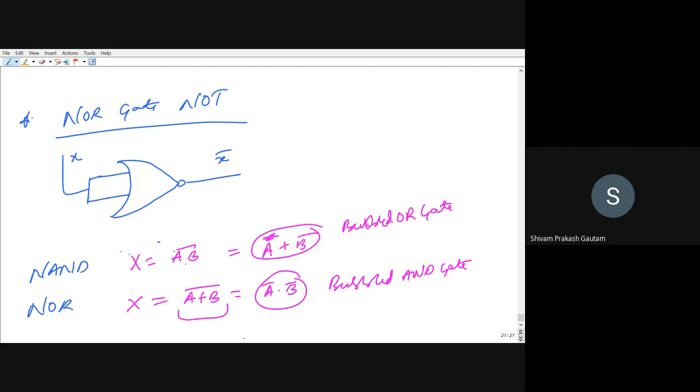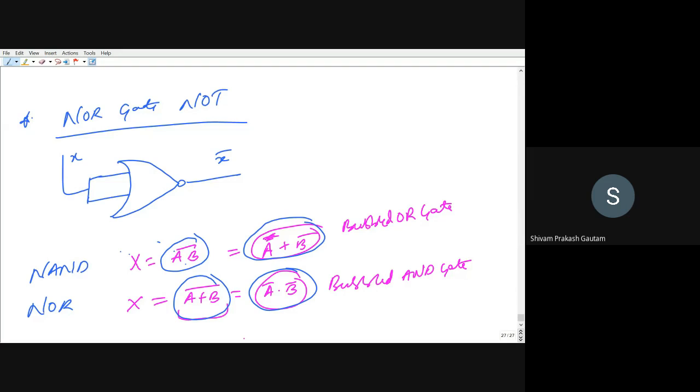Ultimately you want to perform all the operations on single variables. So AB whole bar can be represented by A bar plus B bar. Whenever there is a multiplication, there will be addition, and whenever there is an addition, that is A plus B whole bar, there will be multiplication. This is vice versa in both cases. So I hope this NAND gate and NOR gate is clear.